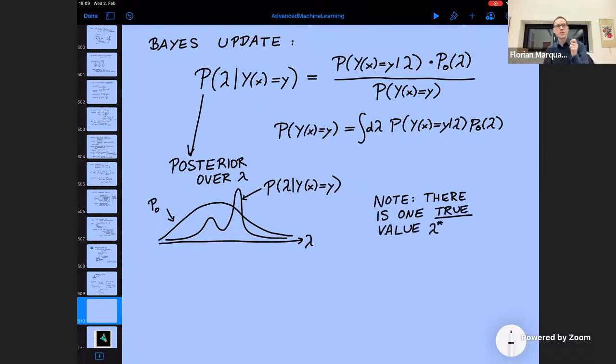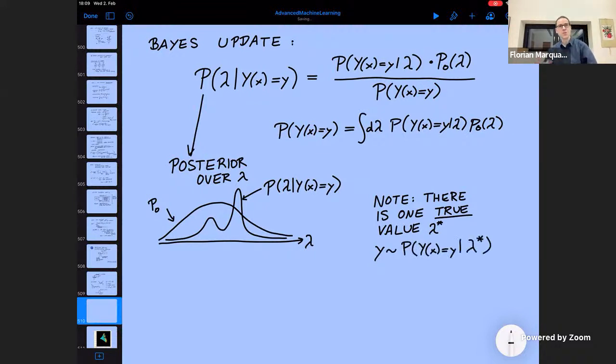And this true value is important because whenever you do a measurement, the true probability distribution for the y values for the measurement results depends on this lambda star, not on anything else, just on this lambda star. So y is distributed according to the distribution that is conditioned on lambda star.